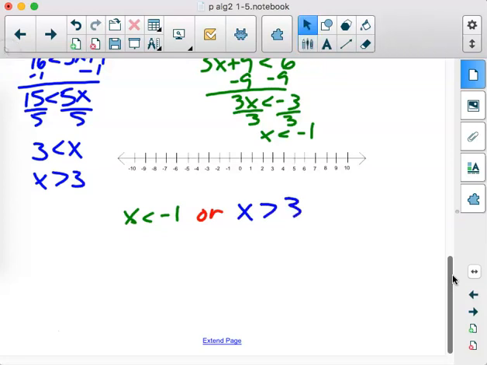Because every once in a while, somebody does one of these in the homework or on the test and their arrows are both pointing the same direction. It's supposed to help you say to yourself, oh, this is good, the arrows are pointing in opposite directions.